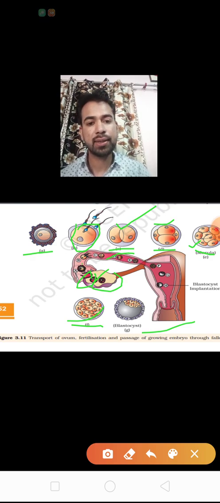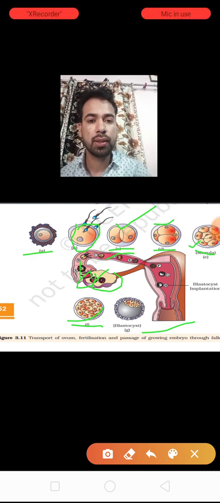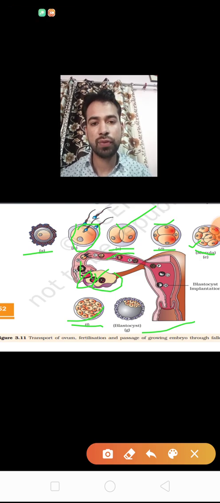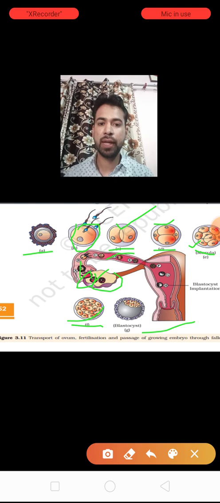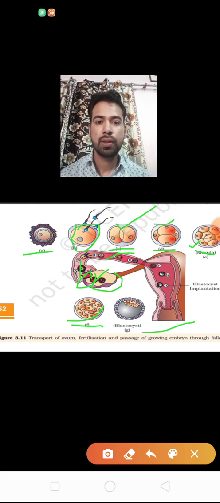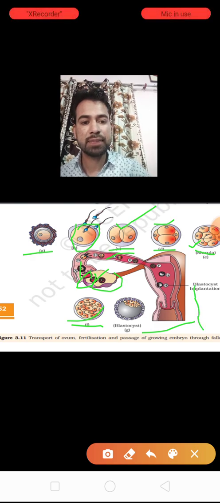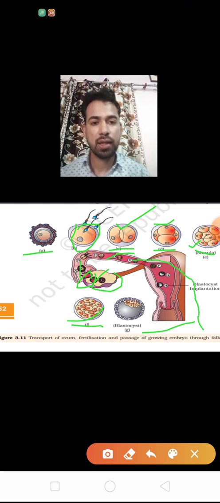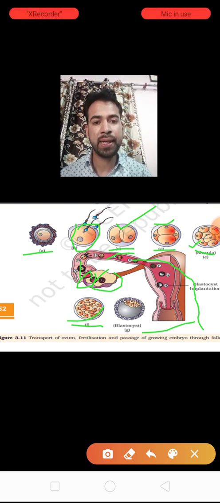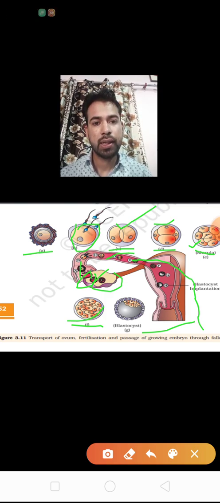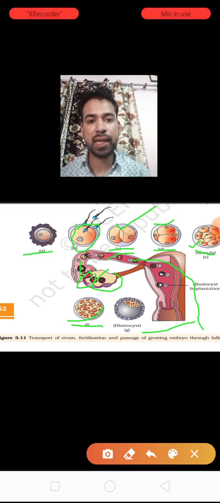Then after that, this egg goes to the isthmus region of the ampullary region of the fallopian tube, and from here the sperms come to the ovum. Then sperm and egg fuse together and form the zygote. Then the cleavage starts in the zygote.